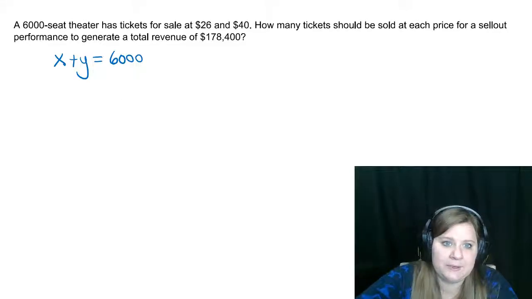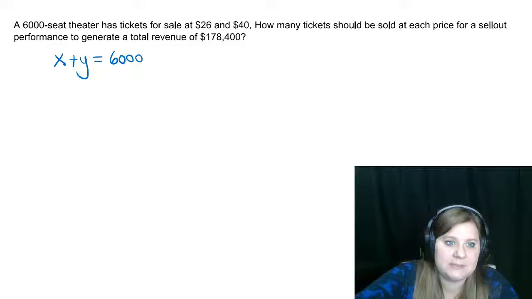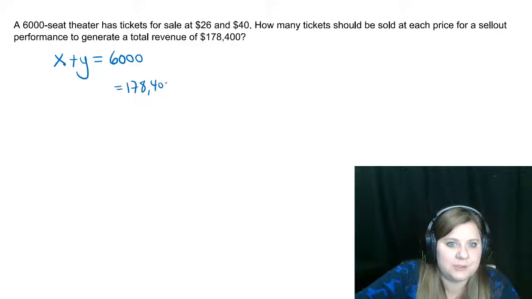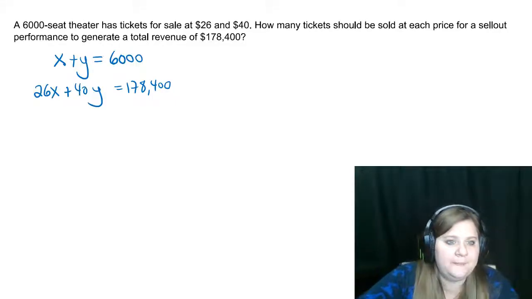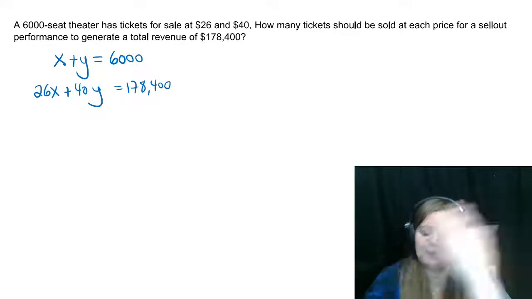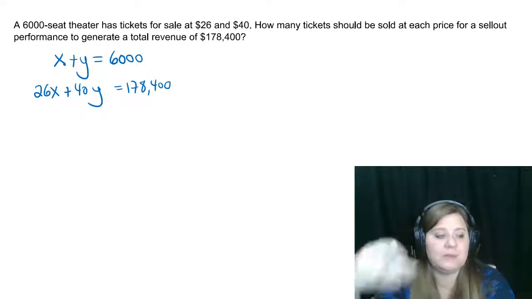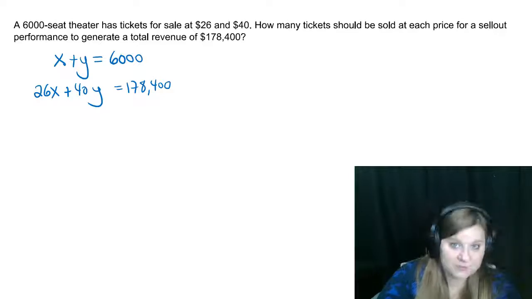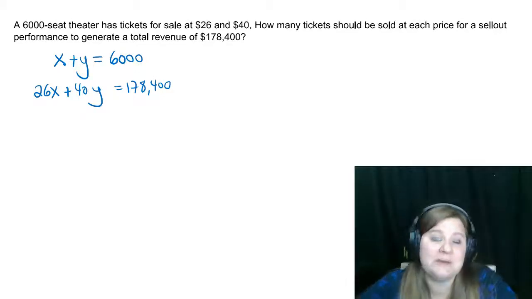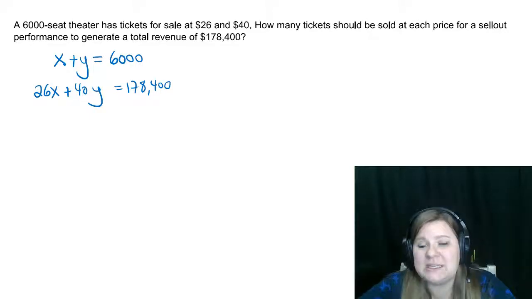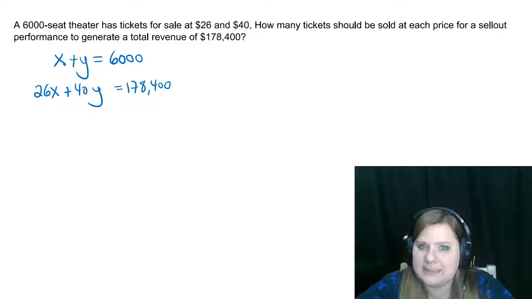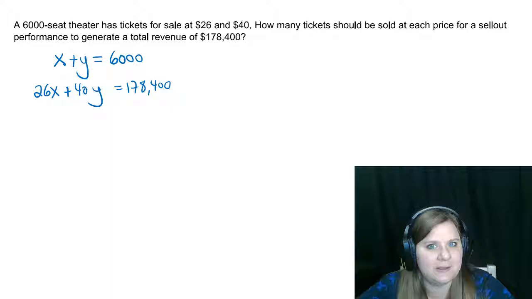And I know that my revenue is $178,400. And I know that I can sell ticket X for $26 and ticket Y for $40. So $26 times the number of those tickets plus $40 times the number of those tickets will add up to $178,400. If you didn't get these two equations correct, pause the video again and try solving.